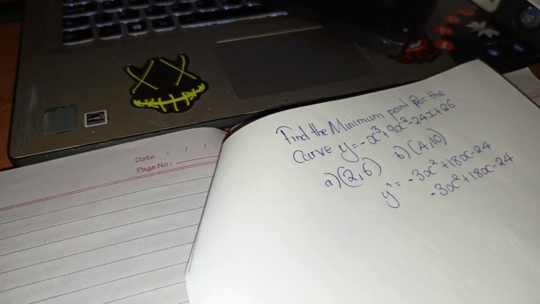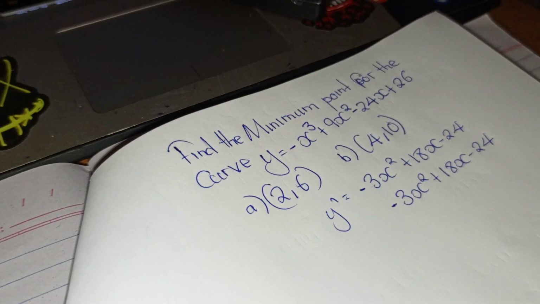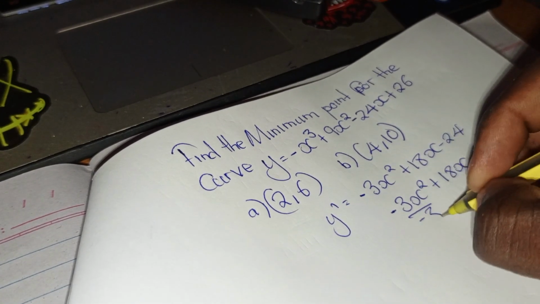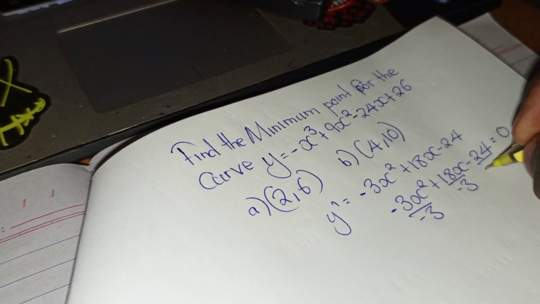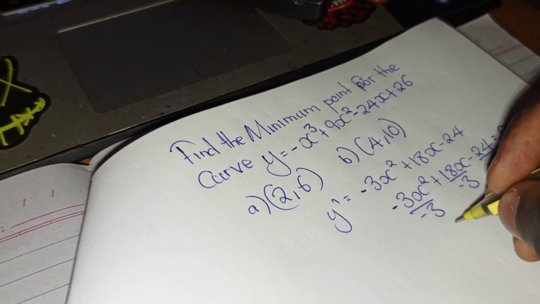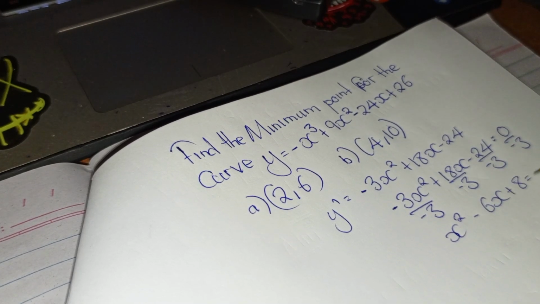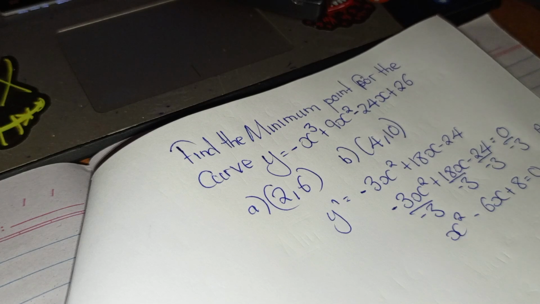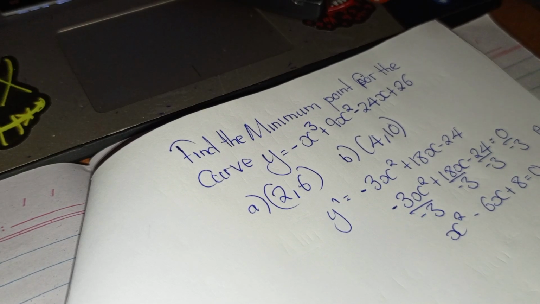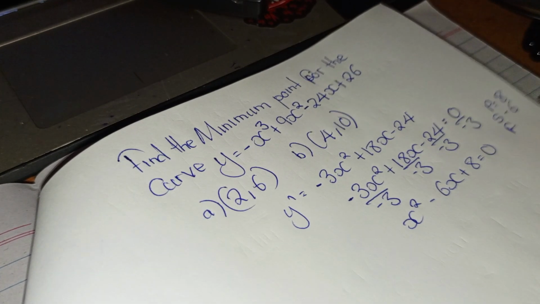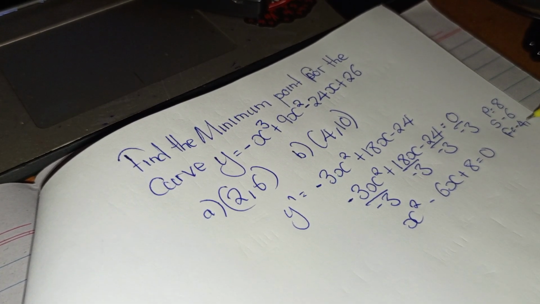If you check things out, there is a number which is common, and that number is -3. It is common throughout. So we will have x squared minus 6x plus 8 is equal to 0, where we find the product, sum, and factor. Where the product is 8, the sum is -6, and the two factors are -4, -2.